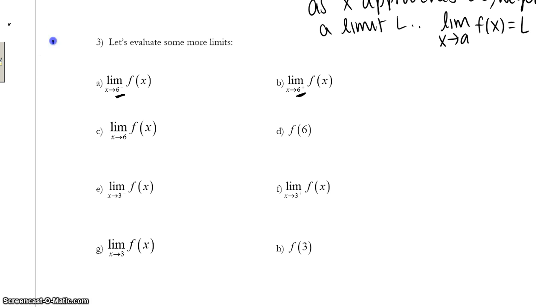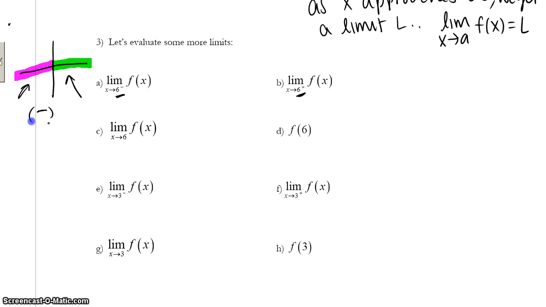So if you think about a graph, this side of our graph is when x is positive, and this side of our graph is when x is negative, which means that A is asking the limit as x approaches 6 from the left side, f of x is approaching what? And B is asking as x approaches 6 from the right side, f of x approaches what?